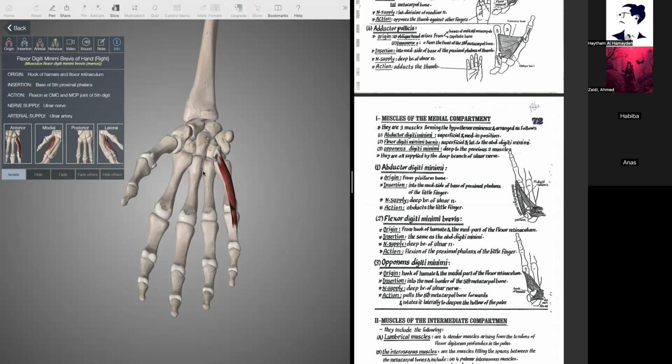If it's called flexor digiti minimi, it flexes the small little finger. And innervation, we know, ulnar nerve.